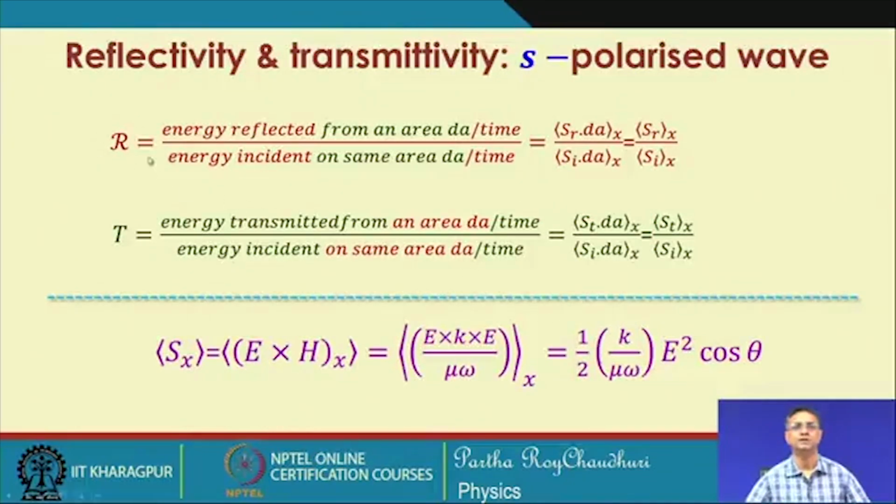So, the energy reflection coefficient, that is the reflectivity, as we have defined earlier, is the energy reflected from an elementary area dA per unit time, divided by the energy incident on the same area dA per unit time. If you take the ratio, that gives us the reflectivity.